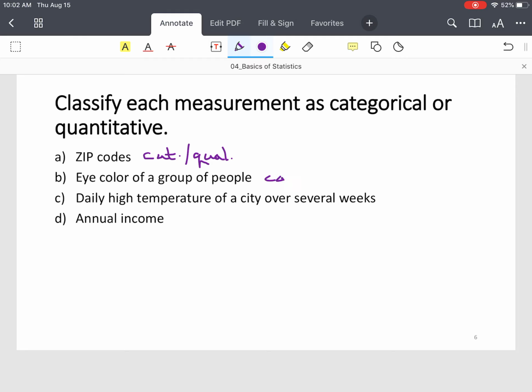So it describes, so it's a categorical, or you can call it qualitative data. All right, daily high temperature. All right, you can have an average high, so that's quantitative. And then annual income, again, you can perform some type of calculation, so that's quantitative. All right, so remember, categorical or qualitative data describe. Quantitative data, you can perform some kind of calculation.